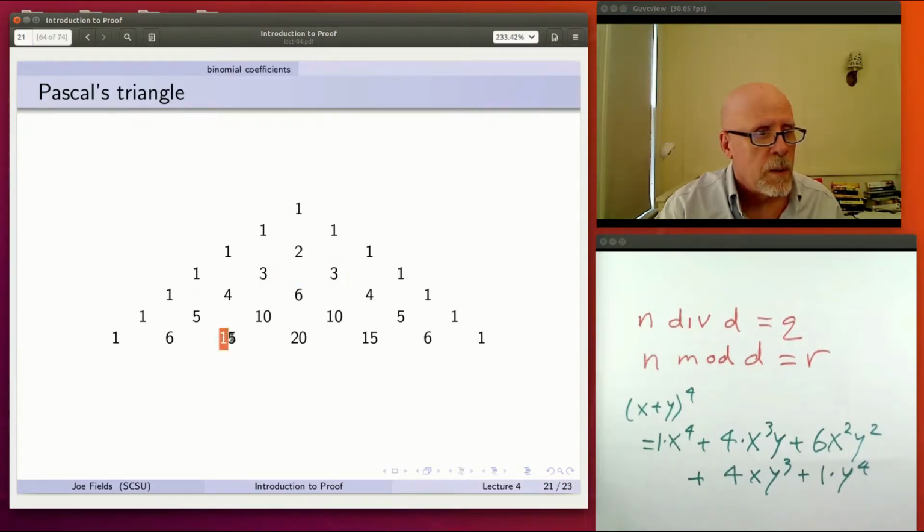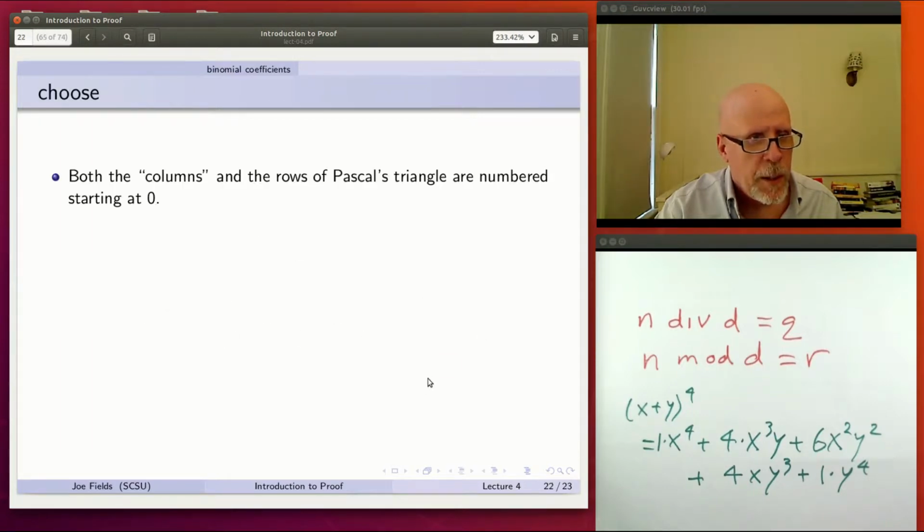Or that 15, that's the sum of this 5 and this 10. 20, that's the two 10s, right? So it's really pretty quick and easy to create Pascal's triangle down to row 6. But for a lot of problems, you want to create Pascal's triangle down to row 52 or something. So that would maybe be a daunting task.